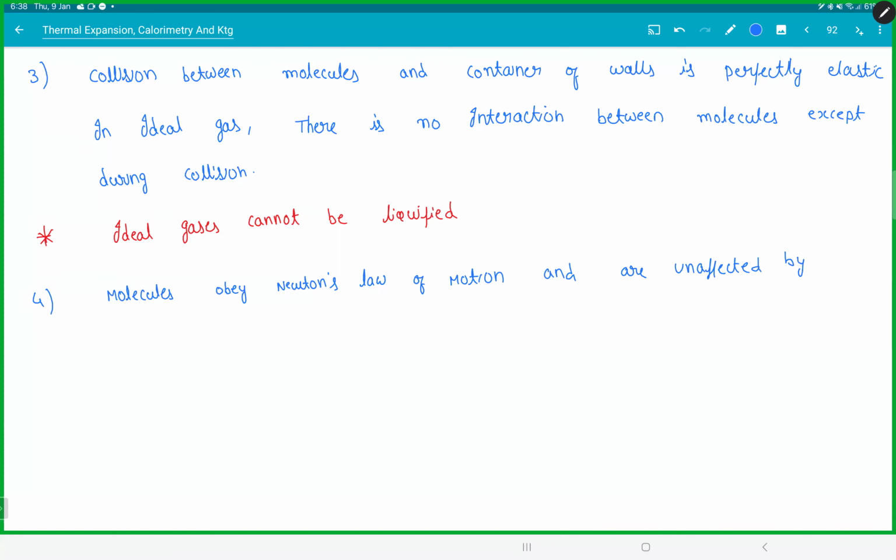The atmosphere would have gone out, isn't it? The atmospheric pressure we feel is because of gravity. But for this to be experienced, you need a huge layer of gas. In your room, the gas molecules are rarely affected. So we can ignore the effect of gravity if you're only talking about the size of 2 to 3 meters per room or 10 meters per room, it doesn't matter. When you take 10, 20 kilometers of air, it's a different story.